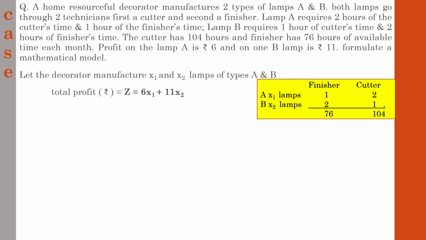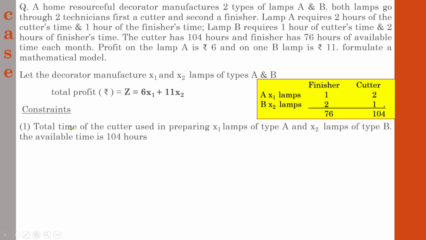So we have identified the details with regard to the constraints. Now let us bring these data into the linear equation pattern, otherwise known as constraints. First of all, the first constraint: total time of the cutter used in preparing x1 lambs of type A and x2 lambs of type B, available time is 104. In the question it was said that first is the cutter, so let us begin with the cutter. The total time allotted to him is 104.